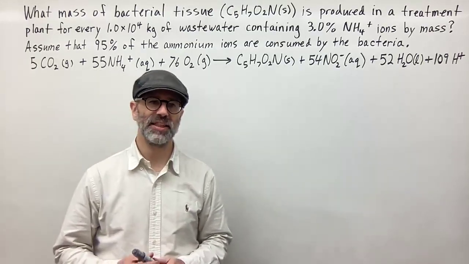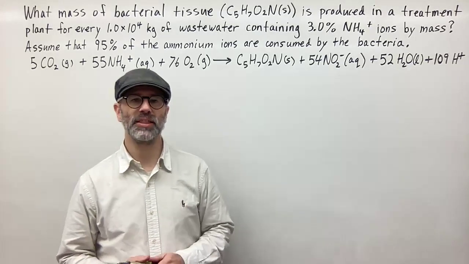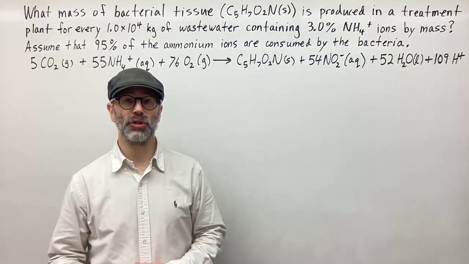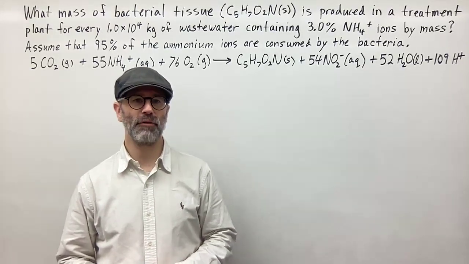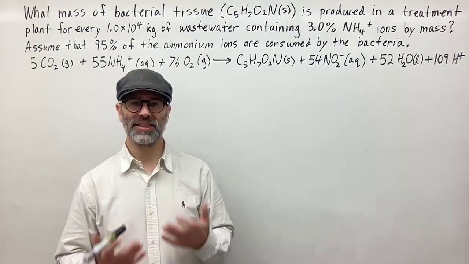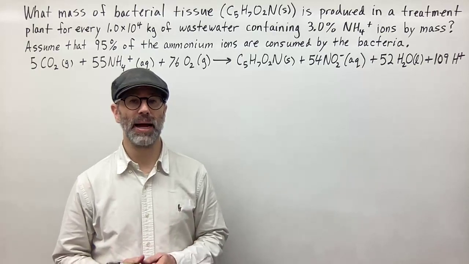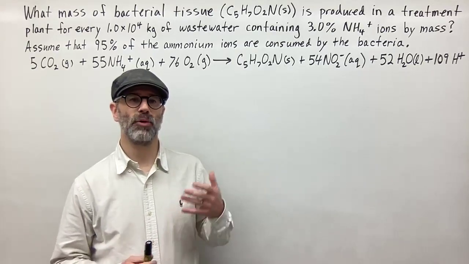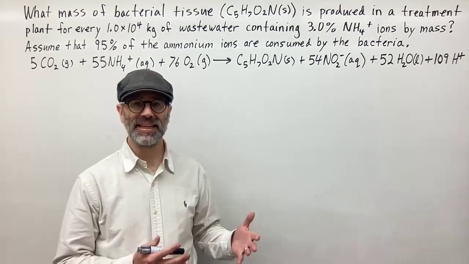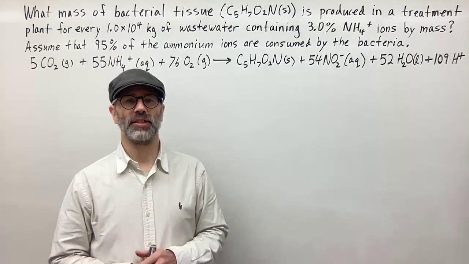The question is asking what mass of bacterial tissue, and that's the formula C5H7O2N solid, is produced in a treatment plant for every 10,000 kilograms of wastewater, which contains 3.0% ammonium ions by mass. And then they say that we can assume that 95% of the ammonium ions that are in the actual wastewater is consumed. So let's get started.